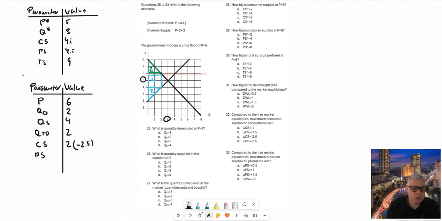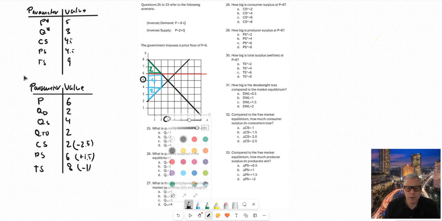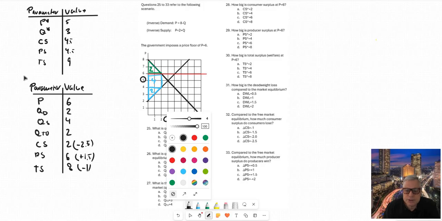But producer surplus is now 6, which is a gain to the market equilibrium of 1.5. So that means we must have a deadweight loss of 1. So total surplus is only 8 and it used to be 9. So we have a deadweight loss of 1, and of course that deadweight loss can be seen here.